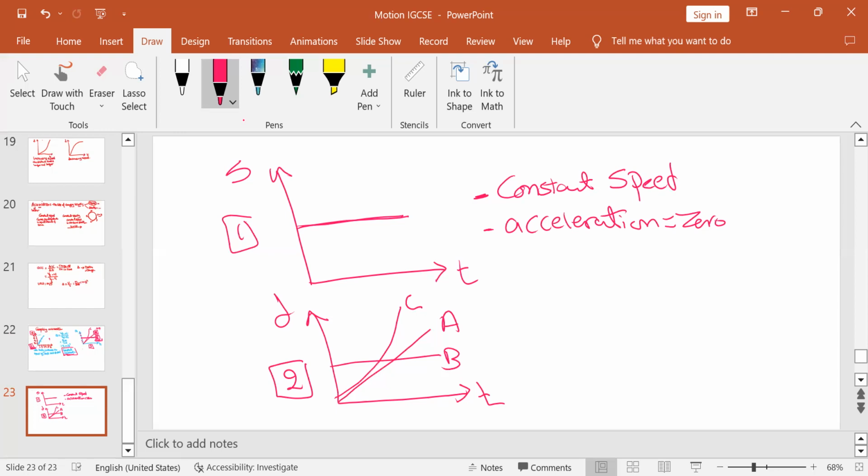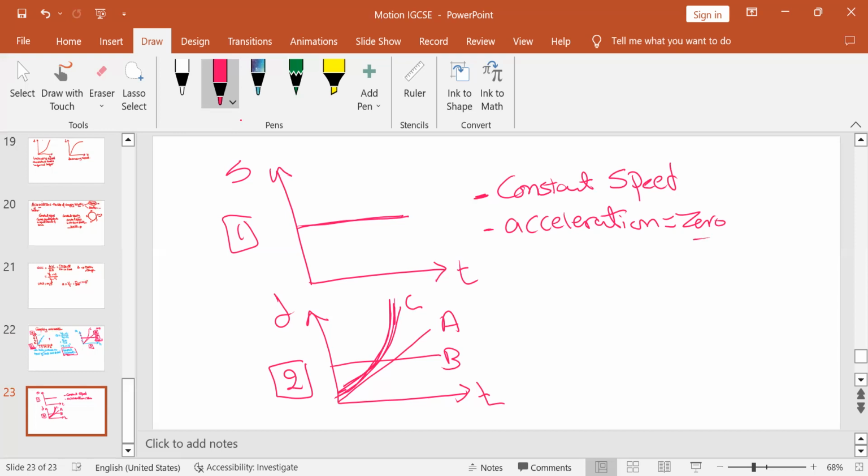So the acceleration is supposed to be 0 in the second graph too, right? Yes. So it can't be C, right? Here C is curved upward, as you can see. Yeah, so it is accelerating. Yes, it's accelerating, so it's increasing speed.